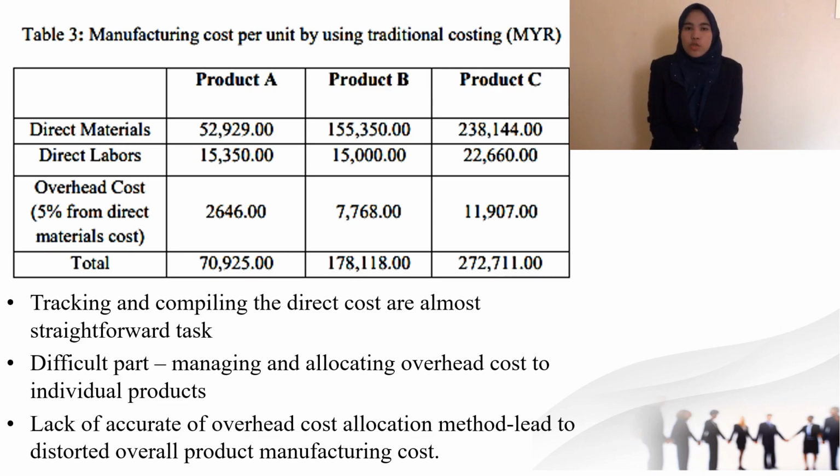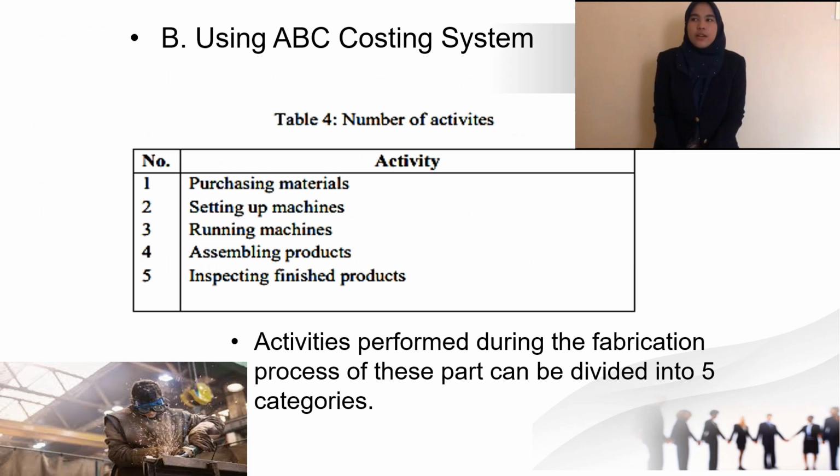Direct labor is 22,600 ringgit. The overhead cost is 11,907 ringgit Malaysia, and the total cost is 272,711 ringgit Malaysia. This slide is the case analysis using the ABC costing system.